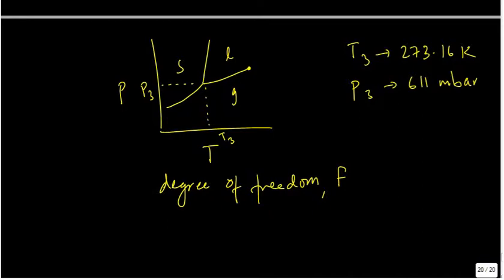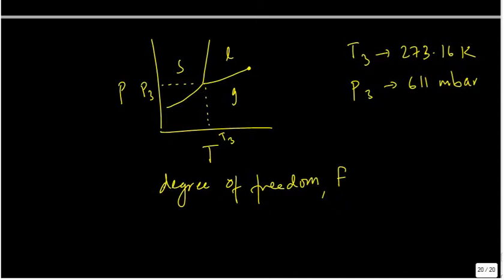Right? And if I think of this particular point, the triple point, my temperature is, for example, for water, 273.16 K. The pressure is 611 pascal. Right? 1,000 millibar is 1 atmosphere, right?